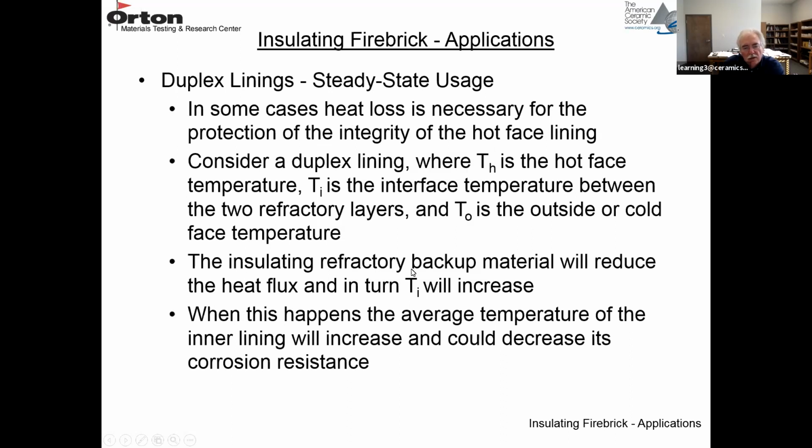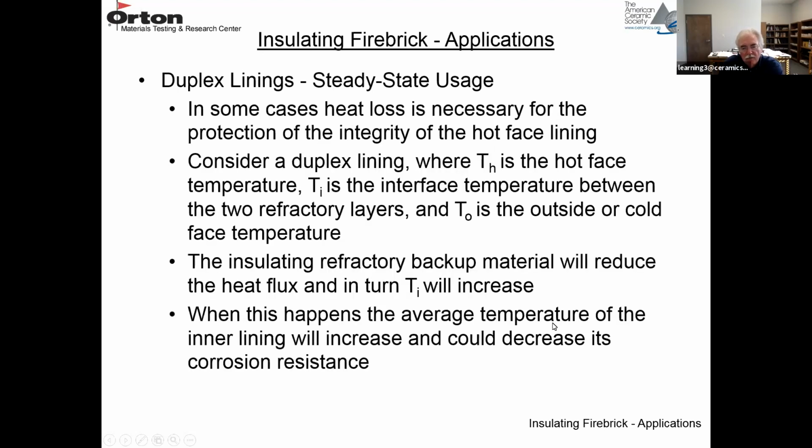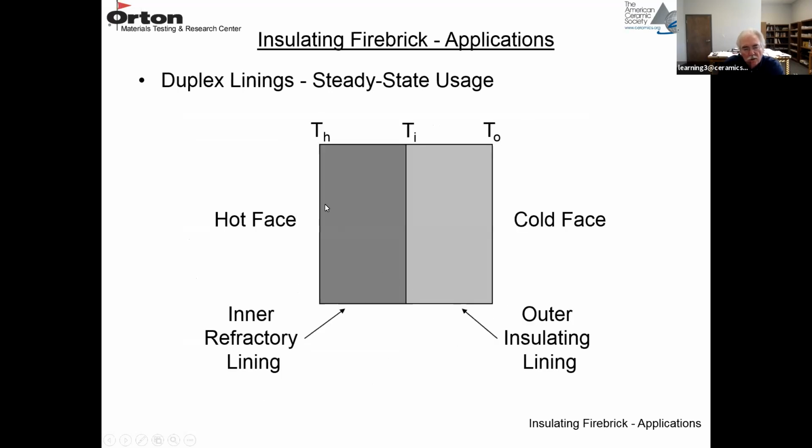So the insulating refractory backup material will reduce the heat flux and increase TI. By adding this material, instead of having a cold face here for the hot face, you now have a higher temperature TI. When this happens, the average temperature of the inner lining increases, and it could decrease the corrosion resistance. So you have a less steep thermal gradient from the hot face to this interface.